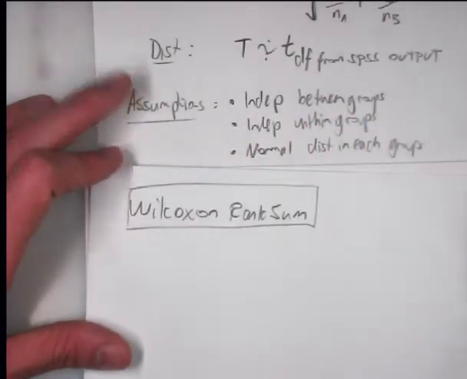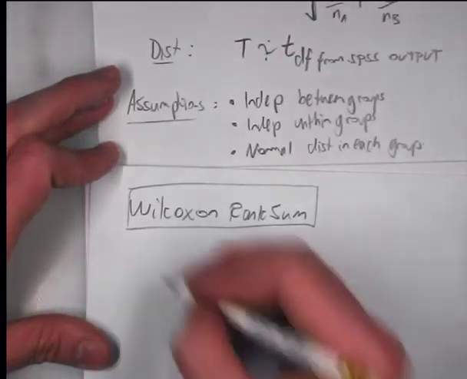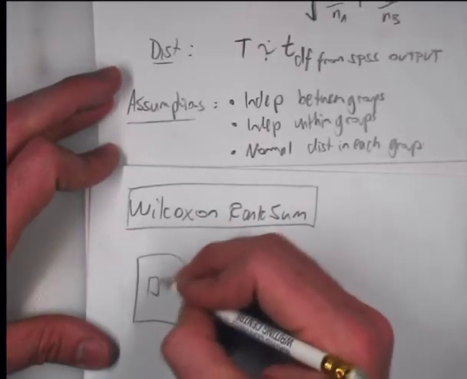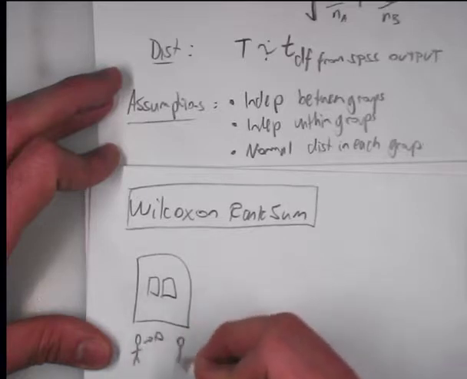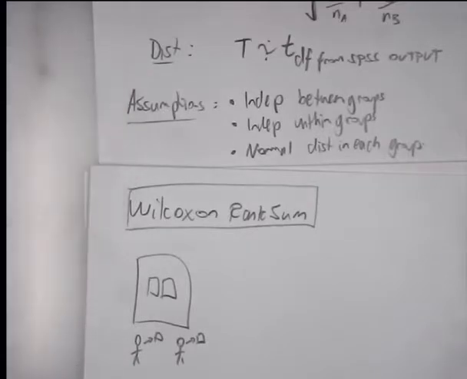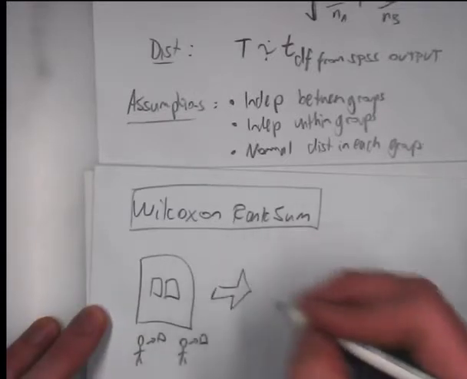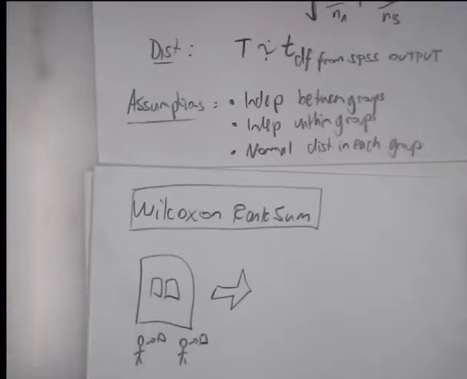The Wilcoxon rank sum test is the same situation. You've got a categorical variable which is telling you to measure everybody once, every person once, the outcome once for one group and once for the other group.